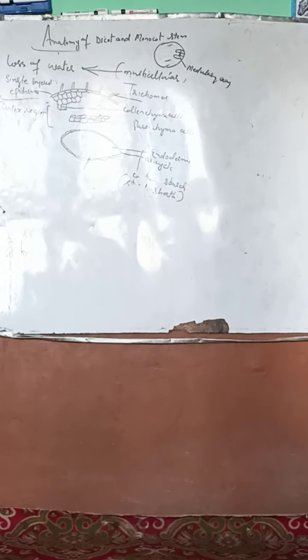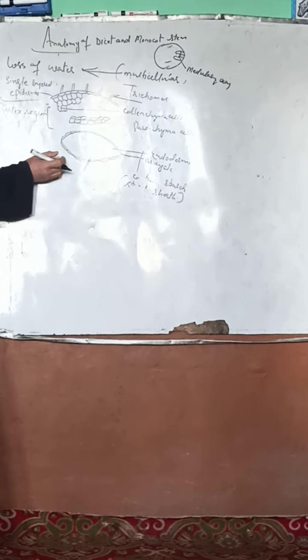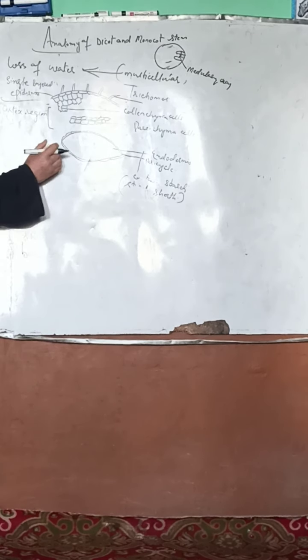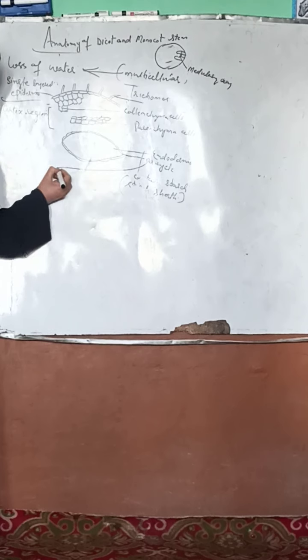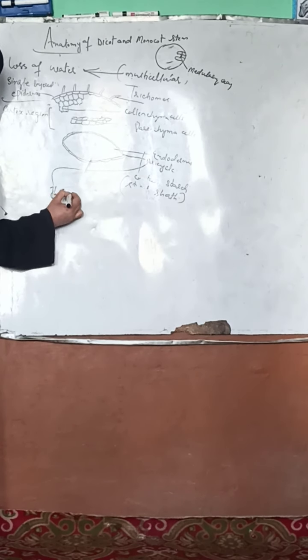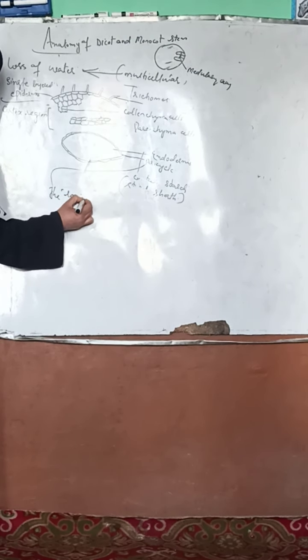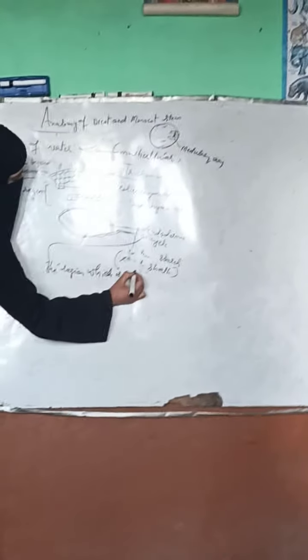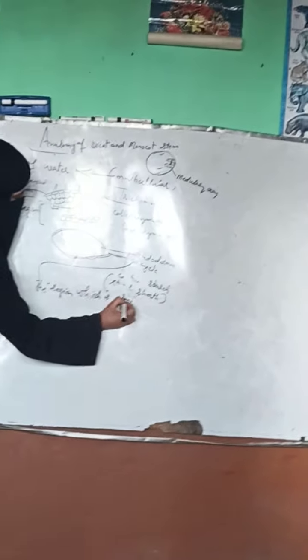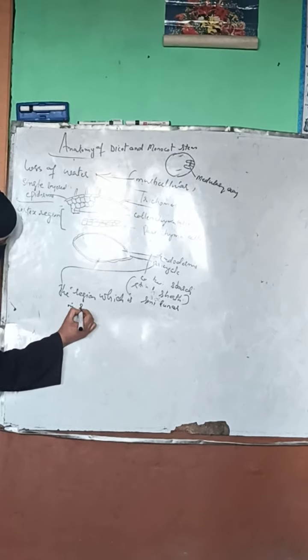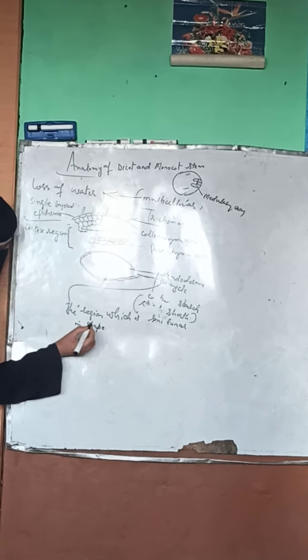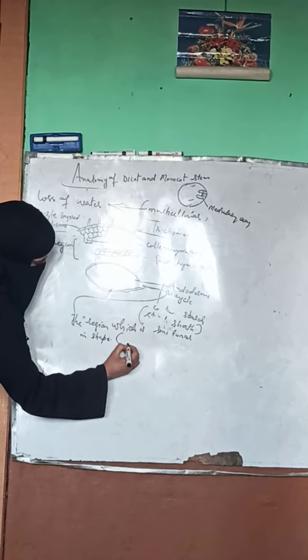What is this pericycle? This is the region which is semilunar in shape, or we can say moon shaped.